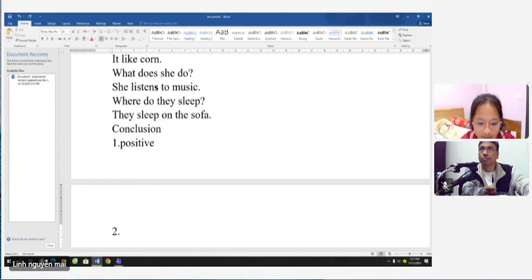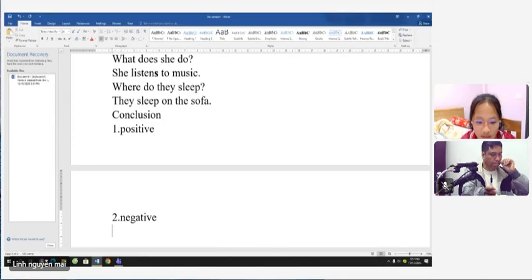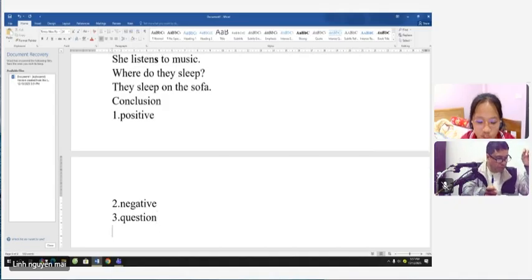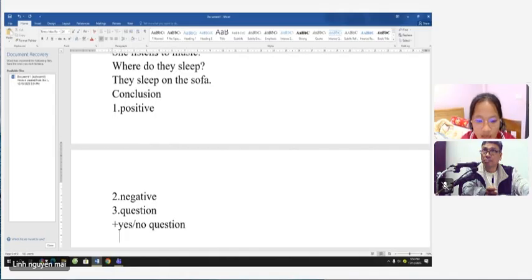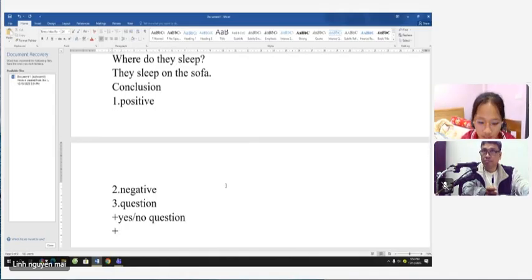Next one is negative. And the third one is question. And in the question, we have two types. That's a yes-no question and WH question.